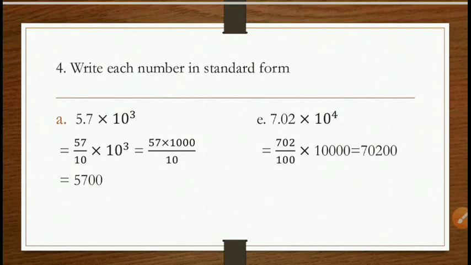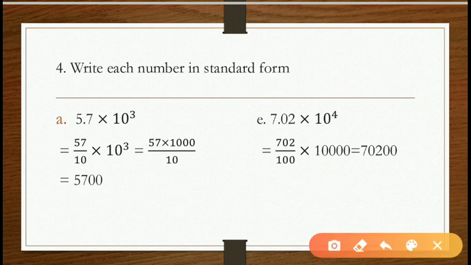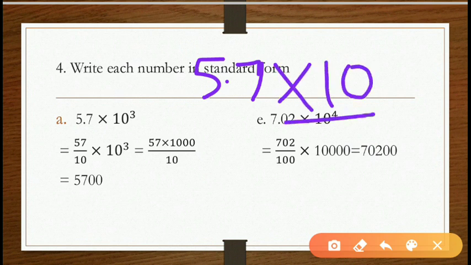Next question, write each number in standard form. Standard form means 100 is a standard form, 500 is a standard form. Take 5.7 into 10 to the power 3. How will you write it in standard form? First of all, remove the decimal. If 5.7 is there, how will you remove the decimal? Multiply it by 10 and divide it by 10. Why by 10? Because after the decimal only one digit is there.